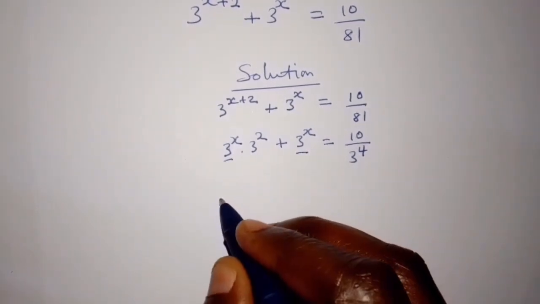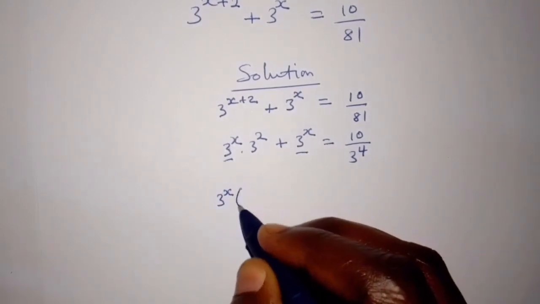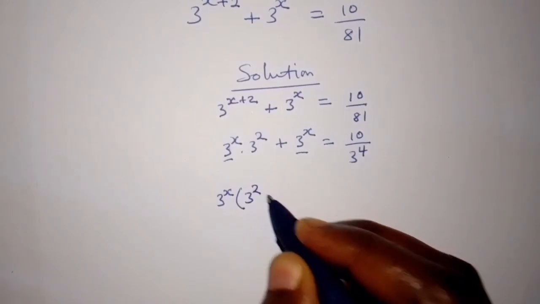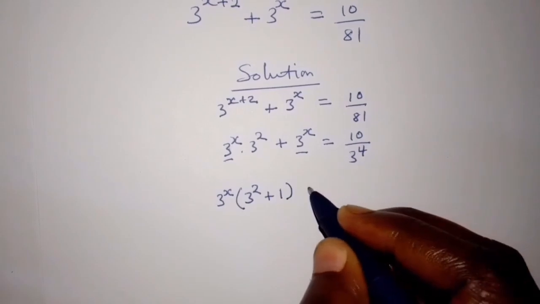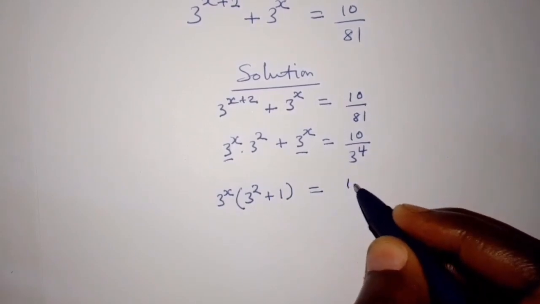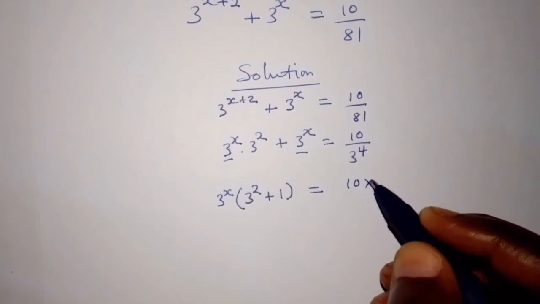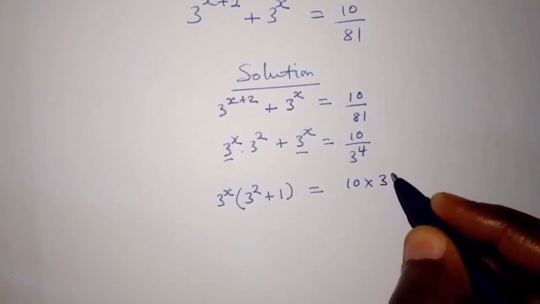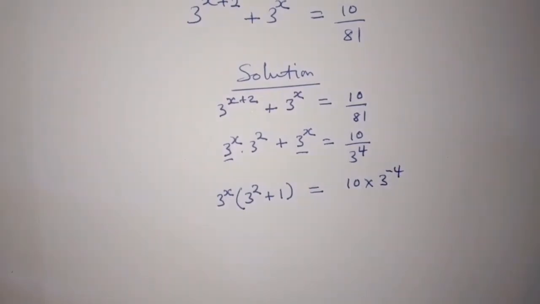So we can say that 3 power x into bracket 3 power 2 plus 1 is equal to 10 times 3 power 4. We can write it as 3 power negative 4 according to the law of indices.